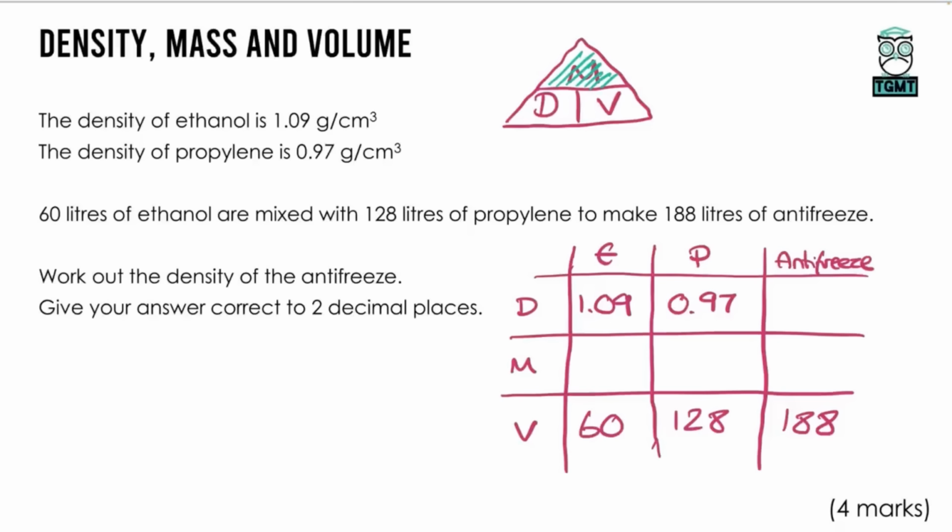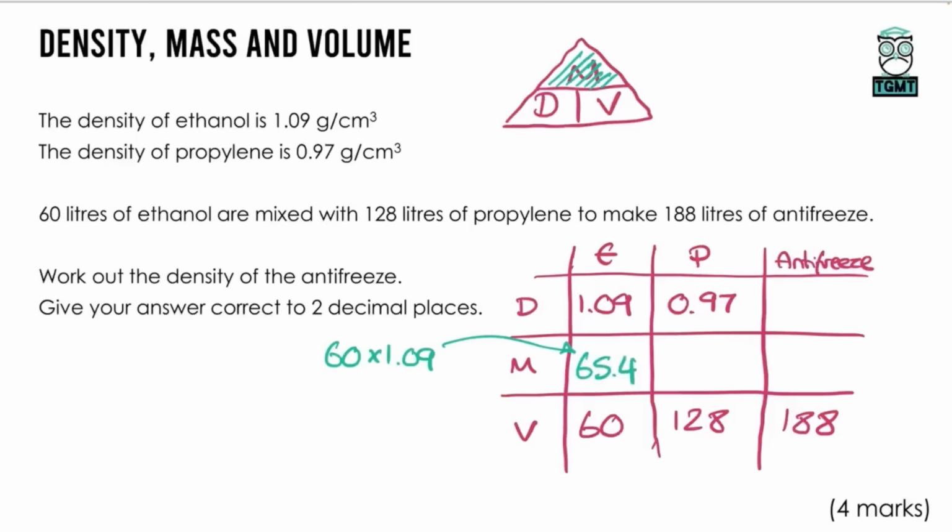For working out the mass though, we are going to do this multiplication, so I'm going to write my working out to the side for this first one, which is 60 multiplied by 1.09. So 60 times 1.09, there we go, and when we multiply them together that comes out as 65.4.